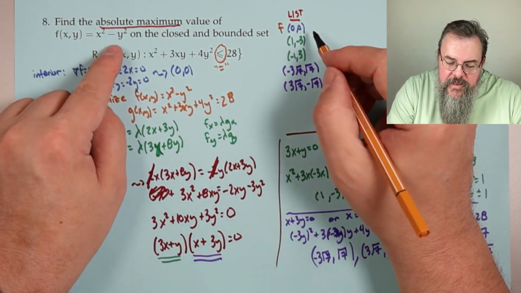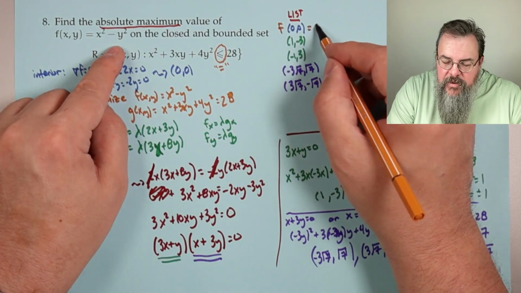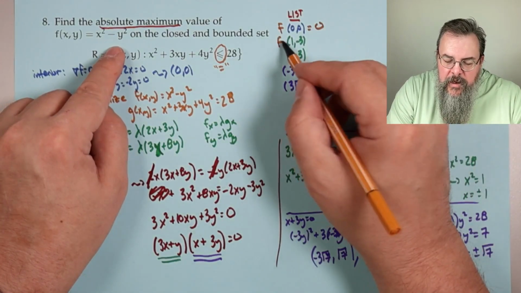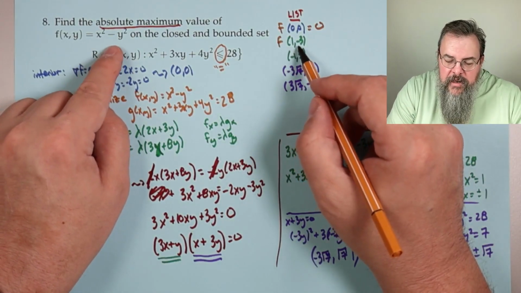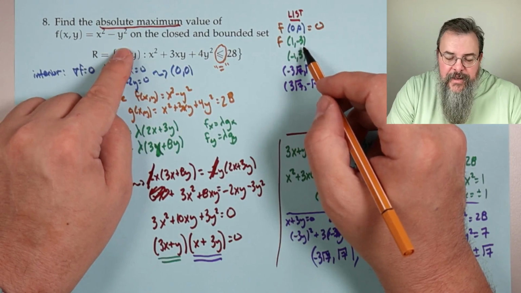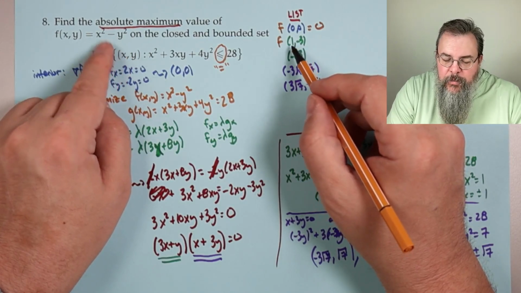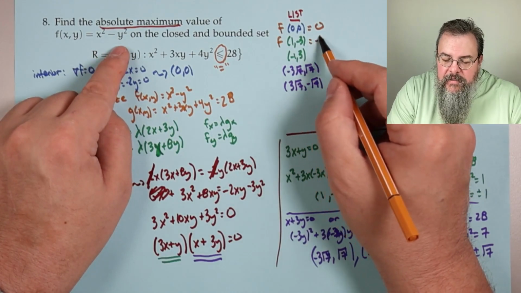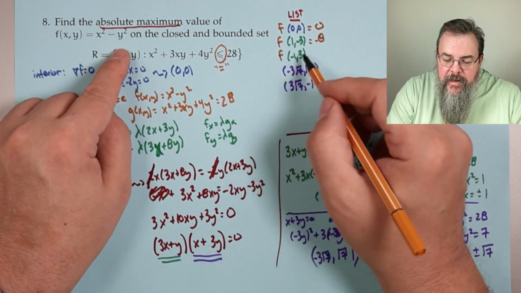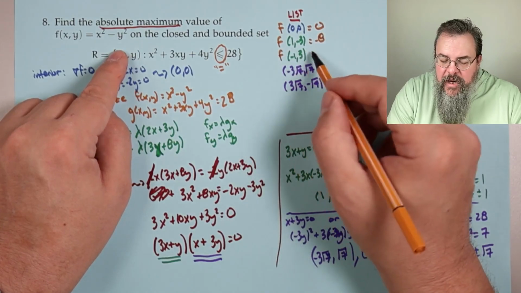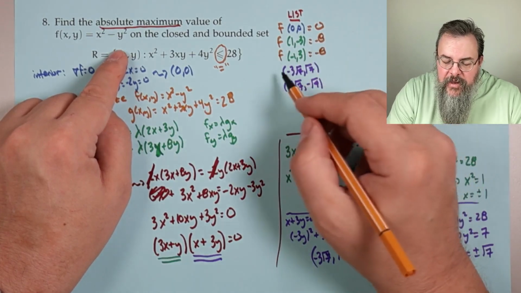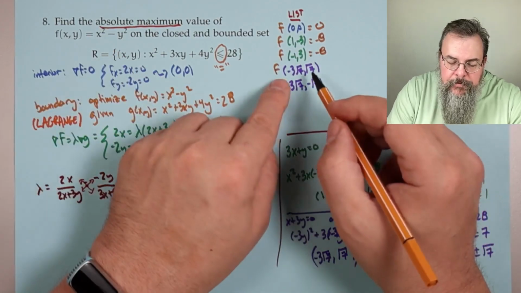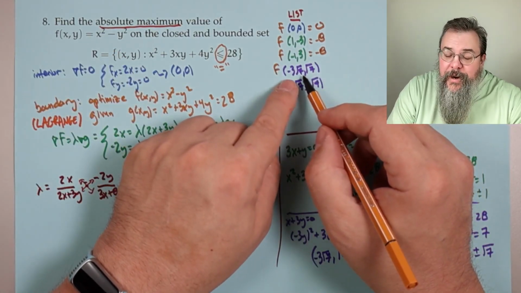Well, 0 minus 0, that's easy to compute, that's 0. Okay, how about 1 minus negative 3 squared? Well, that's 1 minus 9, that's negative 8. And here, because we're squaring, it's still 1 minus 9, negative 8. How about here? Well, the good thing is we're squaring.